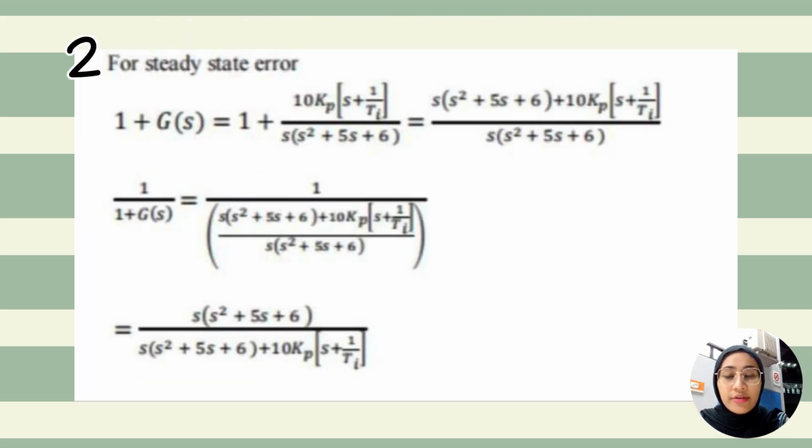For steady state error, 1 plus G(s) equals 1 plus 10 Kp (s plus 1 over Ti) over s (s squared plus 5s plus 6). And we solve this equation and finally we will get s (s squared plus 5s plus 6) over s (s squared plus 5s plus 6) plus 10 Kp (s plus 1 over Ti).